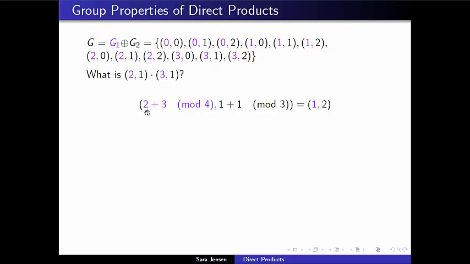Let's first combine the purple elements in the way we know how, adding them modulo 4 in this example, and let's second combine the black elements in the only way we know how, in this example, addition modulo 3. Or more generally, let's combine the elements in the first component with the operator of the first group, and let's combine the elements in the second component with the operator of the second group.